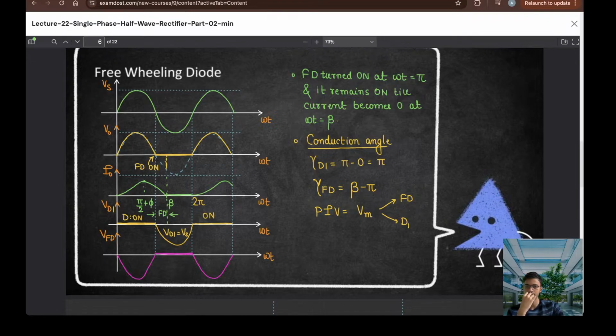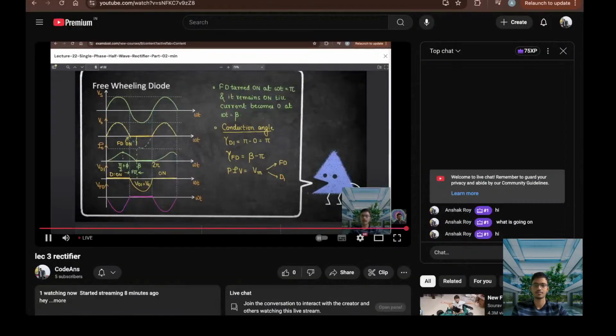You have understood this, that the freewheeling diode turns on at omega t equals pi, and it remains on till the current becomes 0, at omega t equals beta.